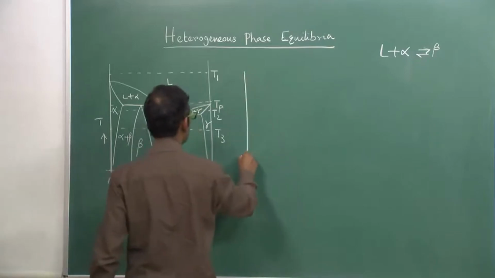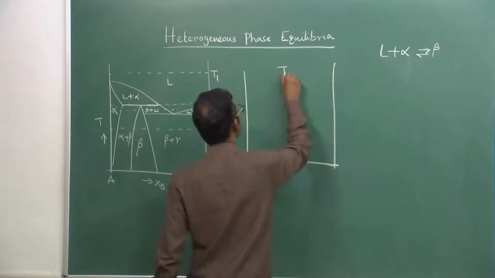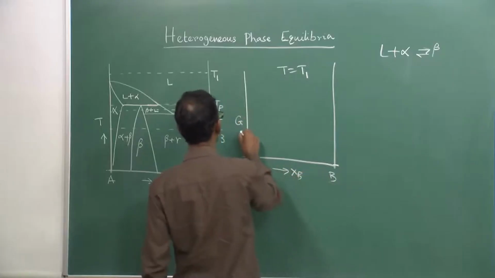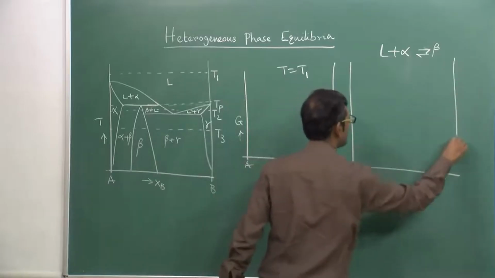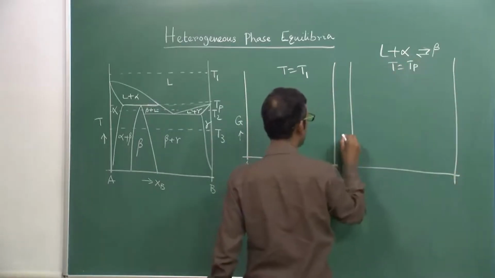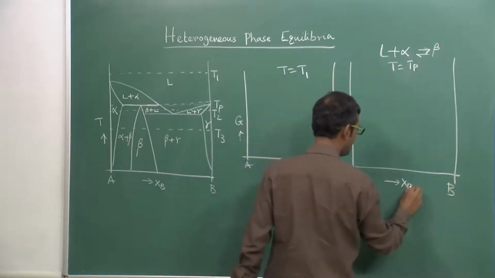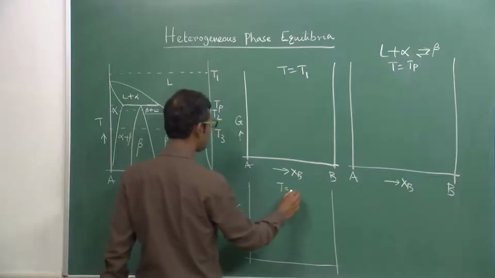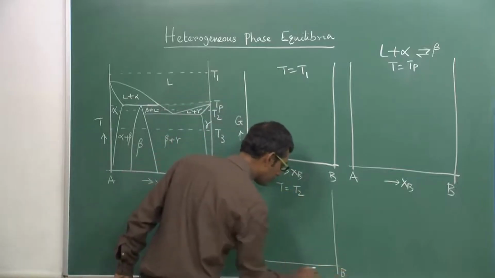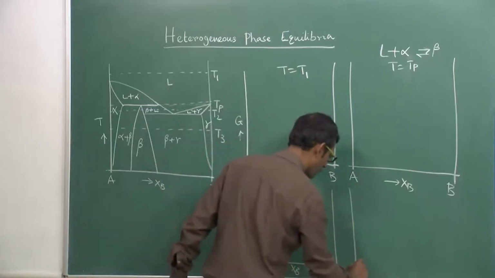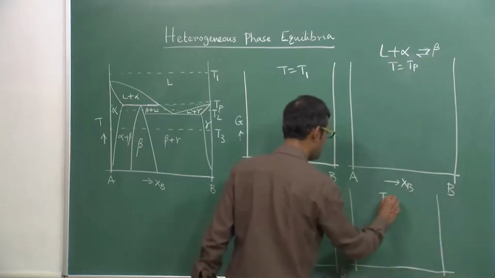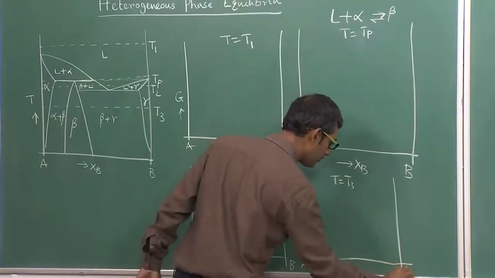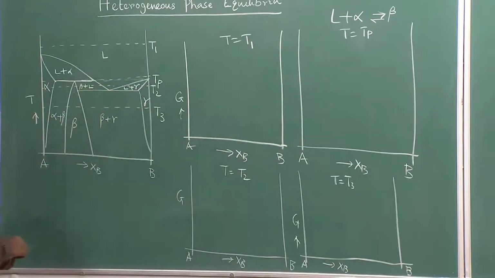Okay, so here itself I will draw temperature T1, this is A, this is B, similarly at temperature T2, the temperature Tp where this reaction will occur, this is the temperature T equal to T2, and finally a temperature T equal to T3. Okay, so let us draw first at temperature T equal to T1.